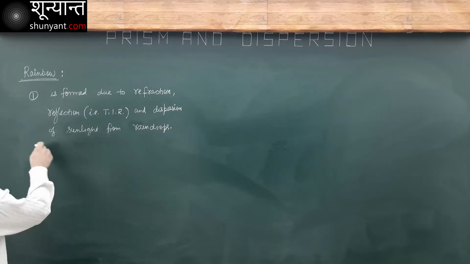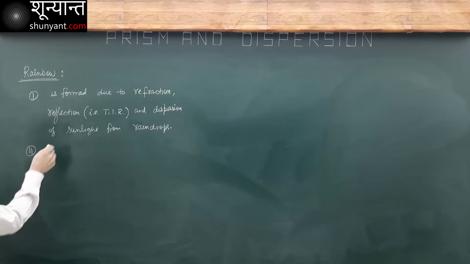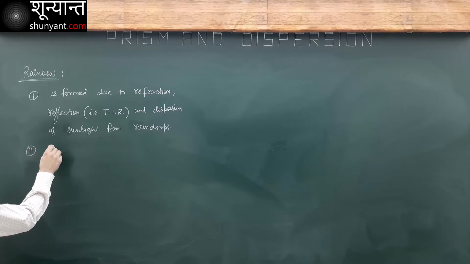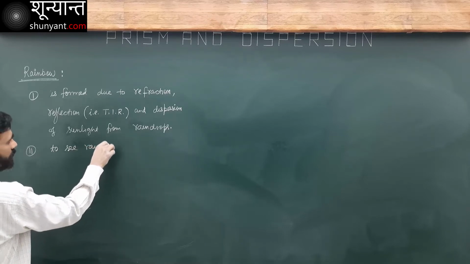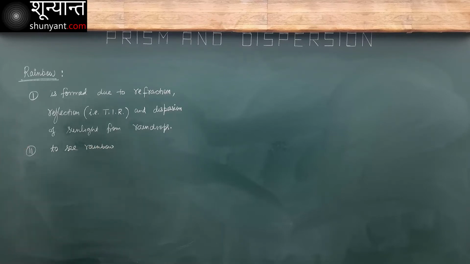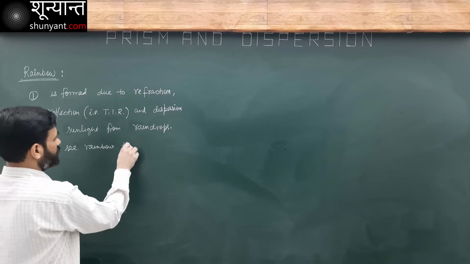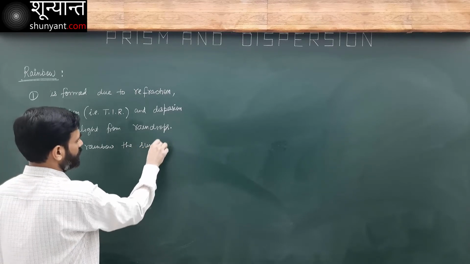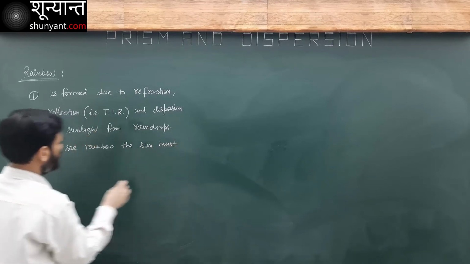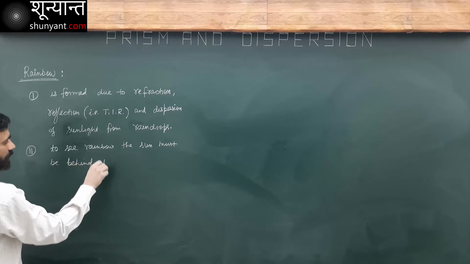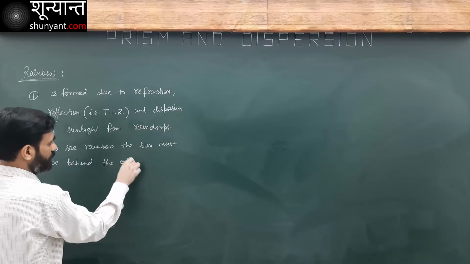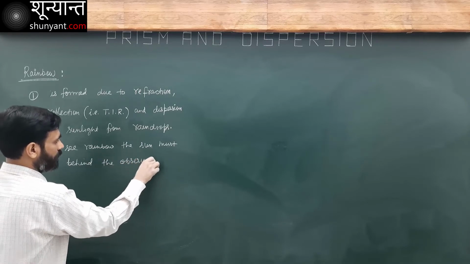Now, to see a rainbow, the sun must be behind the observer.